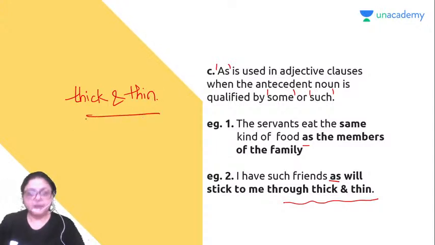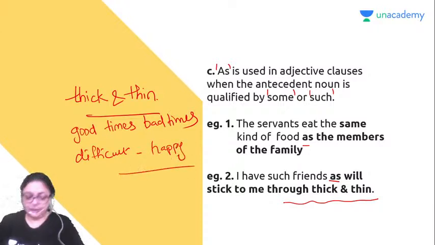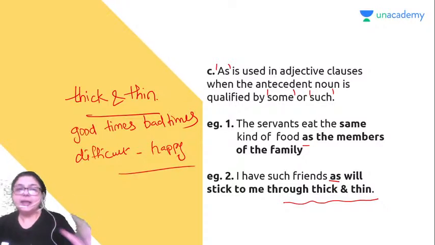Thick and thin is, stand with me in my good times, bad times, in my difficult times, and my happy times. So, going to be there in thick and thin. Yes, thick denotes a good time and thin denotes a bad time.